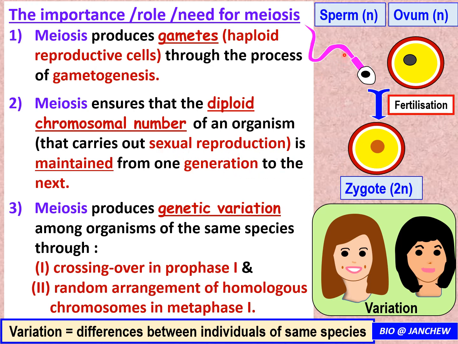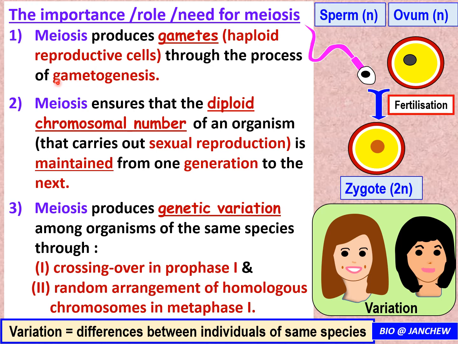So in sexual reproduction, gametes must be produced, and meiosis produces these gametes, which are haploid reproductive cells that are involved in sexual reproduction. And these gametes are produced during the process of gametogenesis. So simply put, gametogenesis is the process of formation of gametes in the testes and in the ovary.